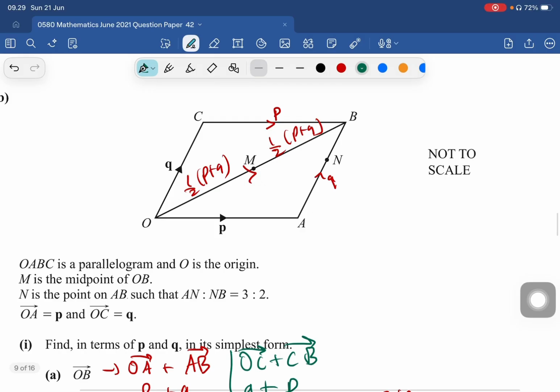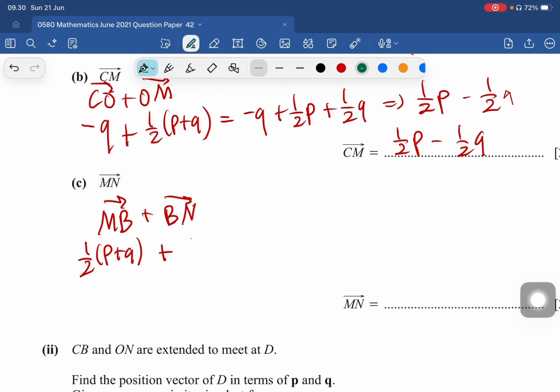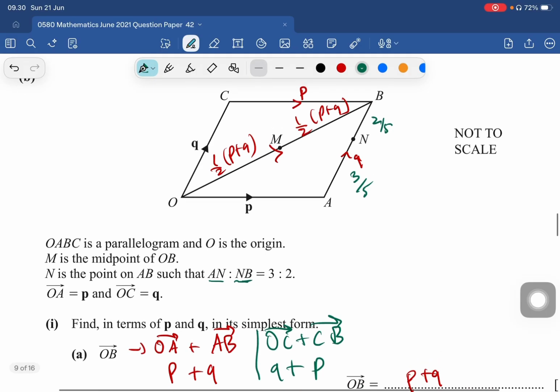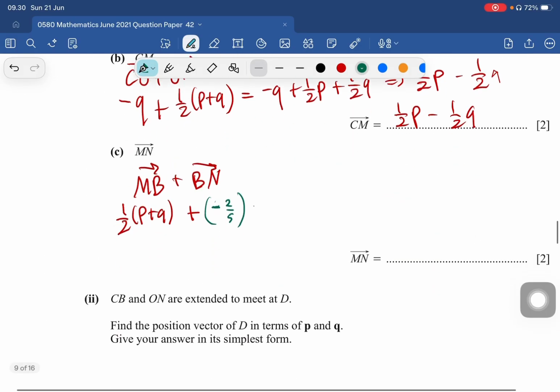Okay, N is the point on AB such that AN to NB is 3 to 2. So this is 3 over 5 and this is 2 over 5. So BN, as we reverse the direction, would be negative 2 over 5 of q.